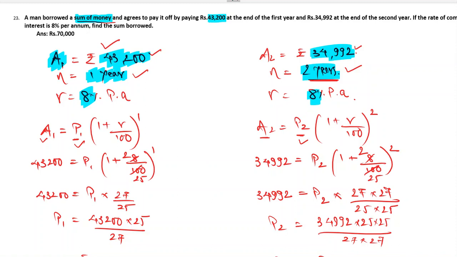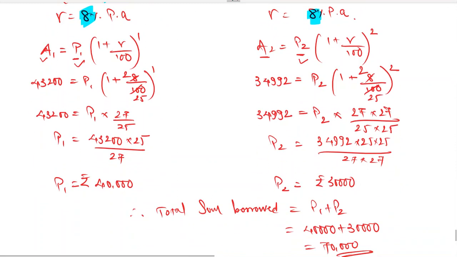So what is the total sum borrowed? That is, what is the total principal? I used the formula for compound interest, A is equal to P (1 plus R upon 100). The only thing is, in the first case, I used the amount at the end of the first year and the principal for the first year. When I solved it, I got the value of P1 as 40,000.